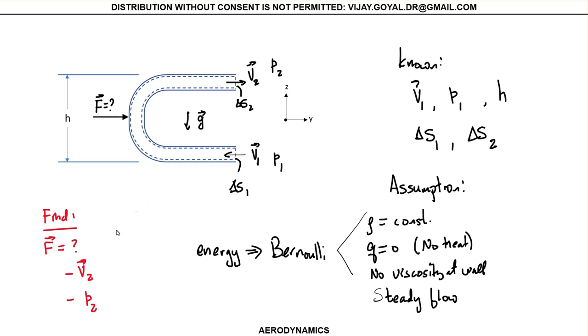So what do we know that we can use to find this? Well, I have the velocity. I have the area. I have the density. The density is the same. So I could use conservation of mass.